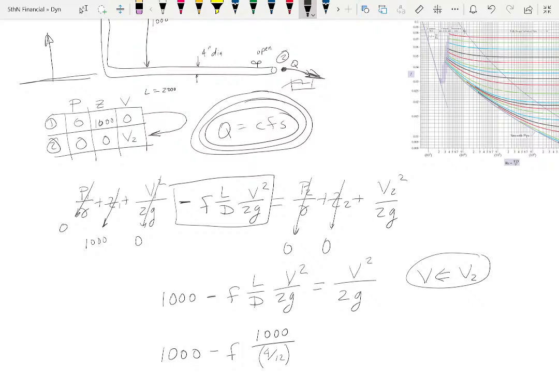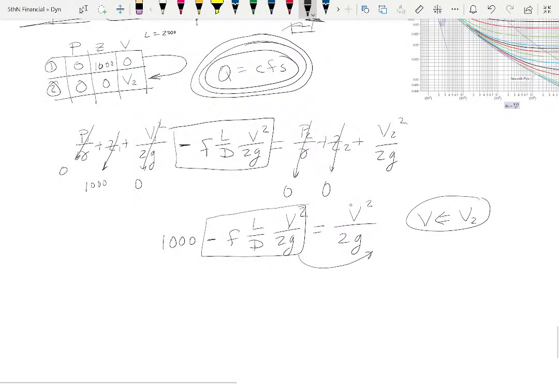And actually, let me rewrite this before I put the numbers in, because I want to move this to the other side. And so 1,000 is equal to 1 plus f L over D, put that in brackets, sorry, that should be plus, times V squared over 2G.